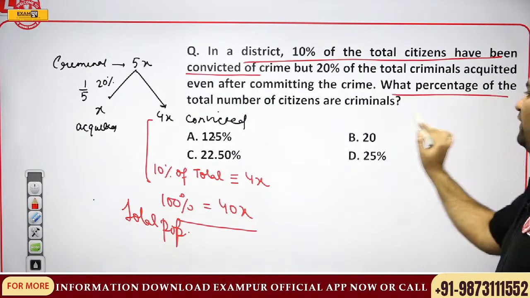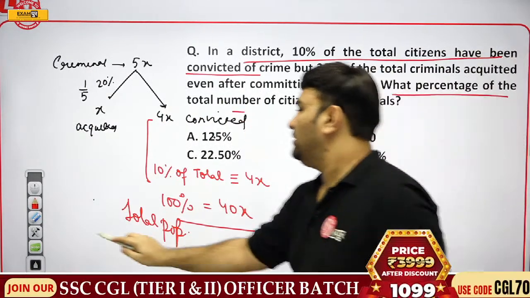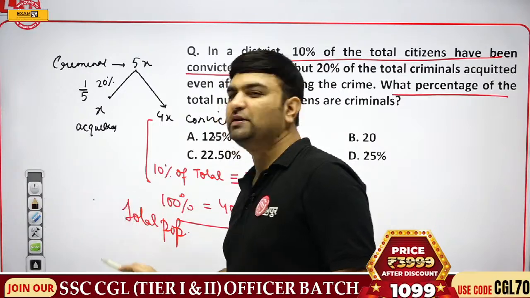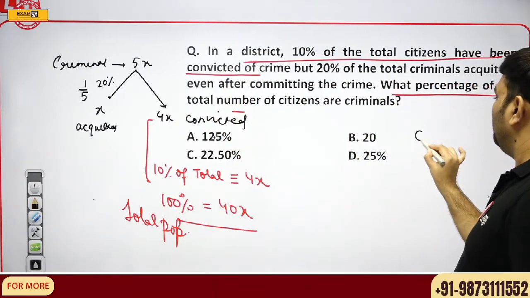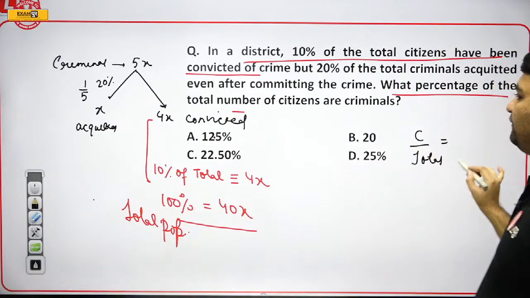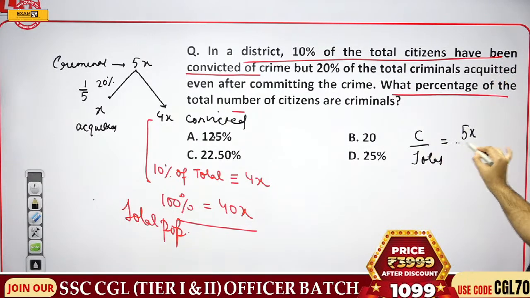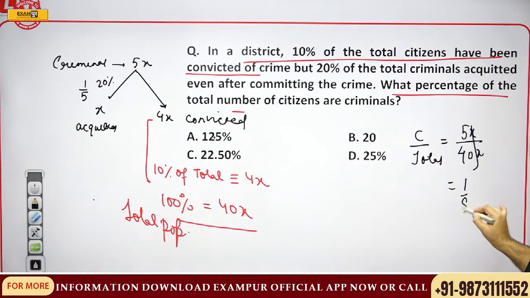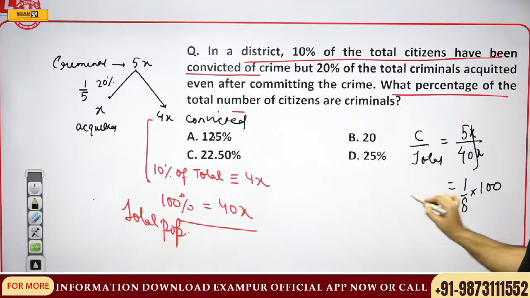What percentage of the total are criminals? Criminals are 5X, total are 40X. 1 by 8 is 12.5%.